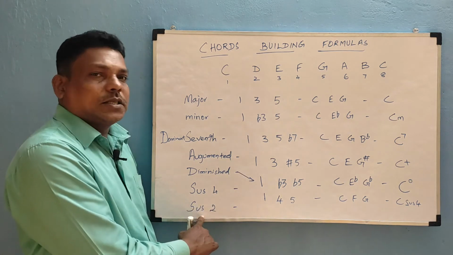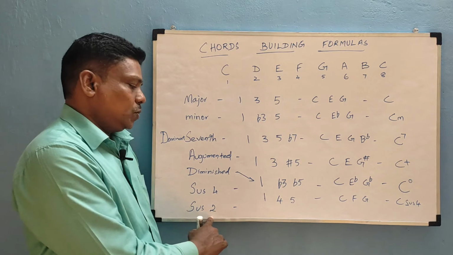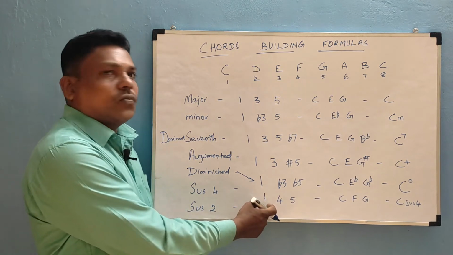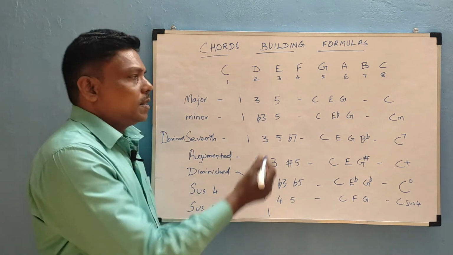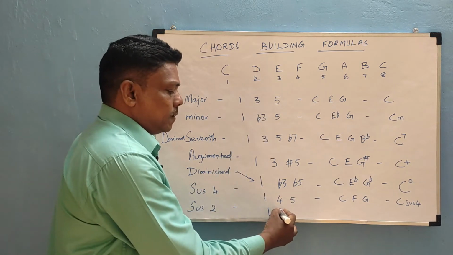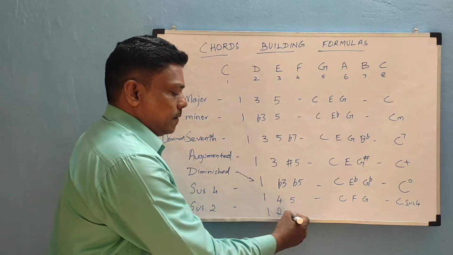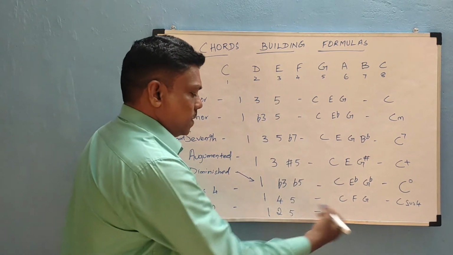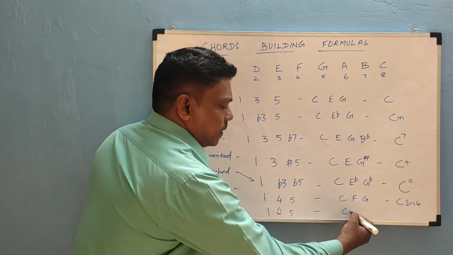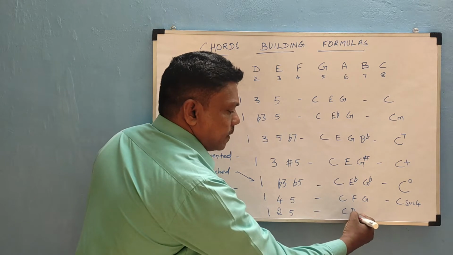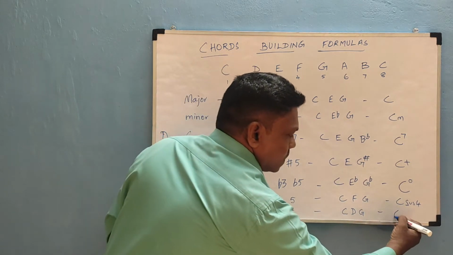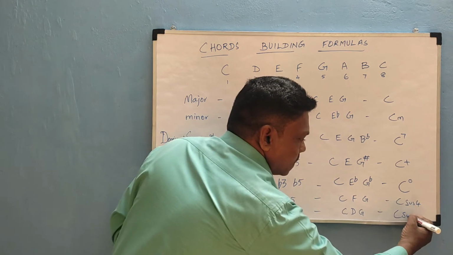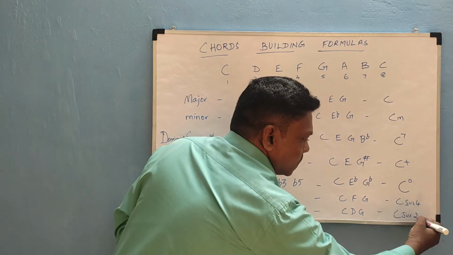The next one is C sus2. From sus4 you could have understood that you have to omit the third degree and apply the second degree and then the fifth. So the notes will be C, D and G. So C sus2.